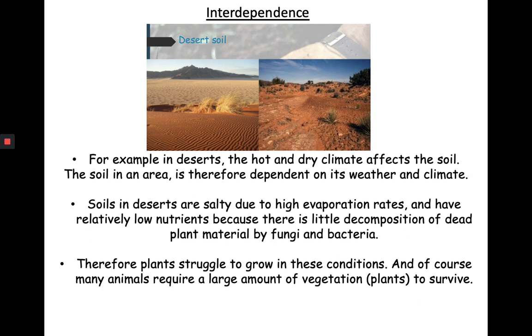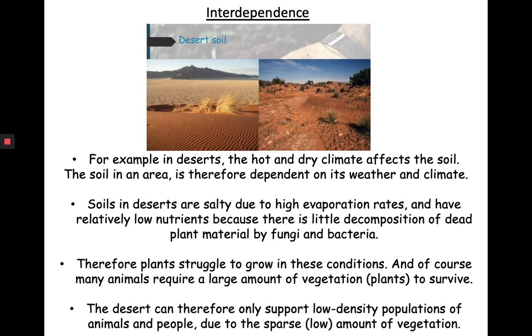Therefore, plants struggle to grow in these conditions, and of course many animals require a large amount of vegetation or plants to survive. So the desert can therefore only support low density populations of animals and people. So what we mean by low density is really not a lot.